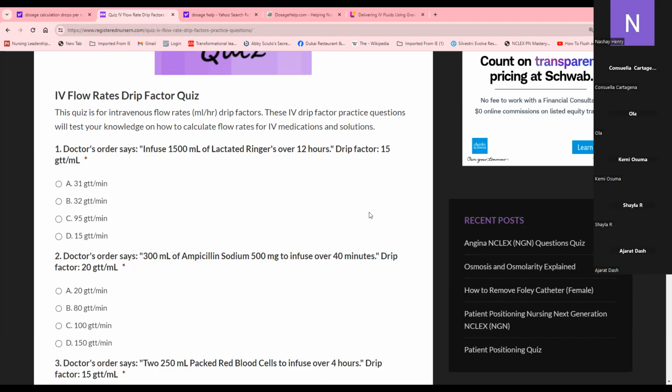Okay, so let's start with the first one. You guys know the formula. Let's see if you can do it. You have multiple choice answers up there, so you should get something near one of those answers.